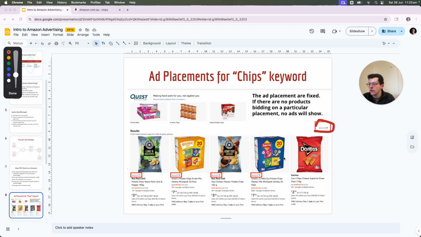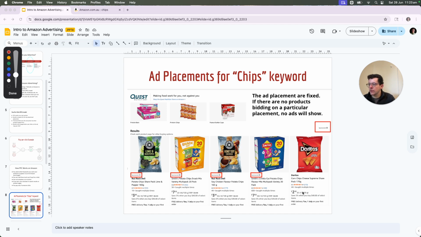This means that this particular placement is an advertised placement, meaning the products that appear in this placement are advertised products. The brand in this example, Red Rock Deli, is bidding on this keyword, chips, and so their products are appearing in this placement.